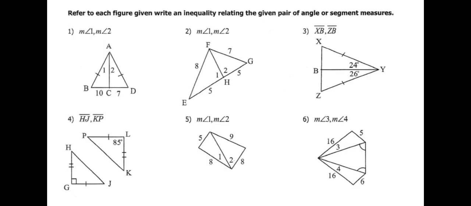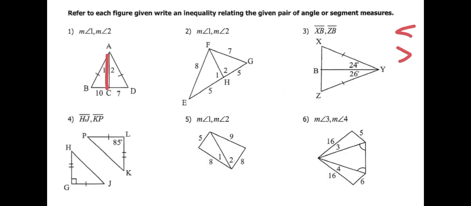So refer to each figure given, write an inequality relating the given pair of angle or segment measures. So when you say write an inequality, we're expected to write less than or greater than. Okay? So on this one, let's identify first the two congruent sides.